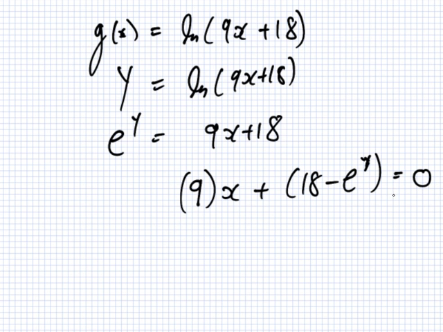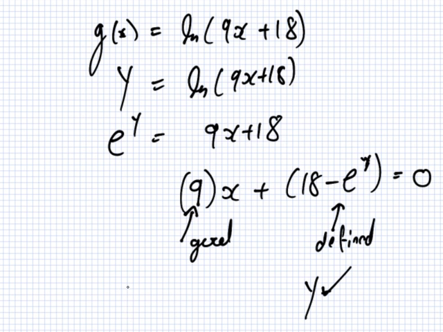Is this solvable? Well, the slope is never 0 because it's 9, so that's good. And in fact, any value of y here is acceptable because this is always defined. So there's no value of y we can't use that would make this not solvable. So the y is good. It's all real numbers is the answer here.